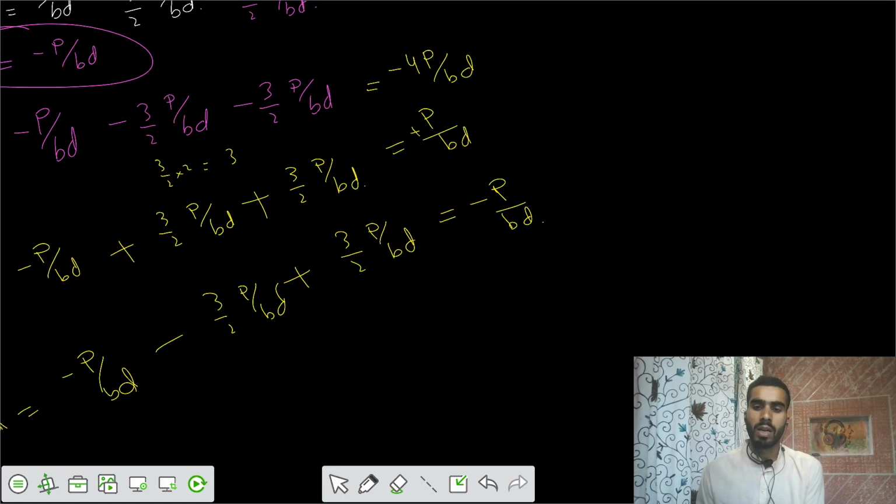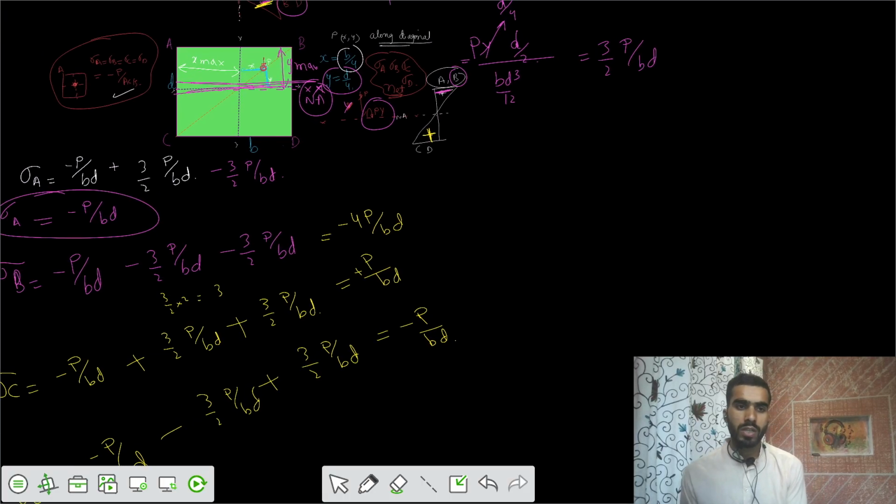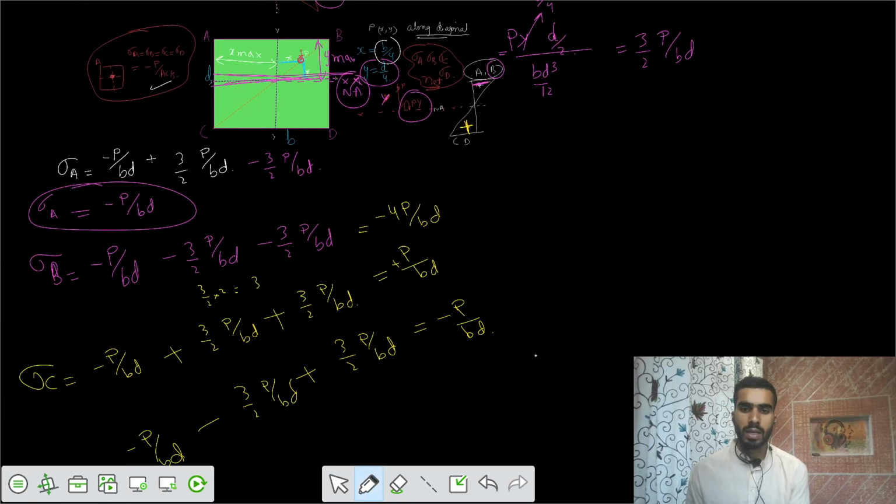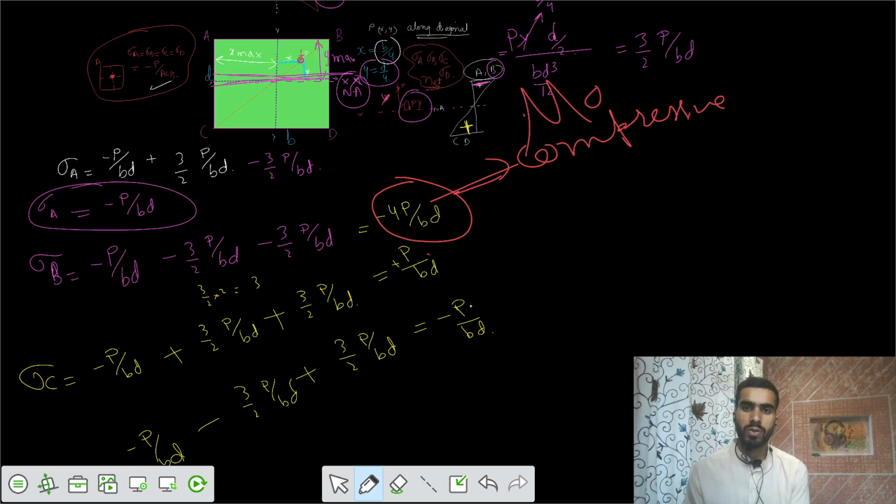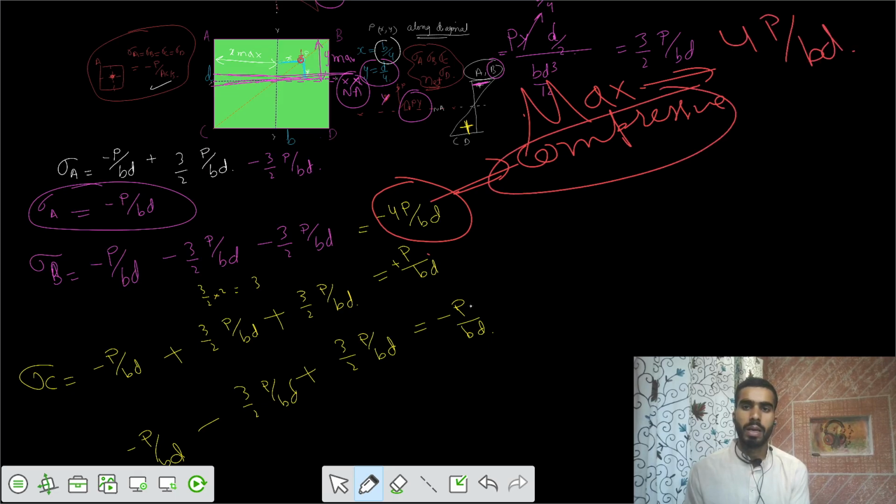Now we want to draw some conclusions here. The maximum stress we can have is 4 times P by bd, that is compressive, at point b.